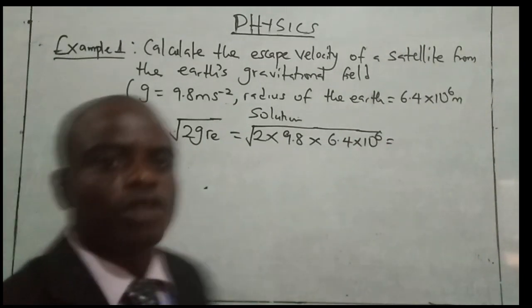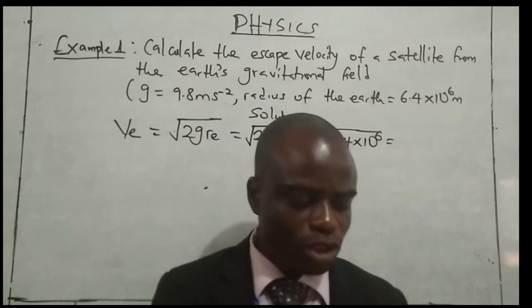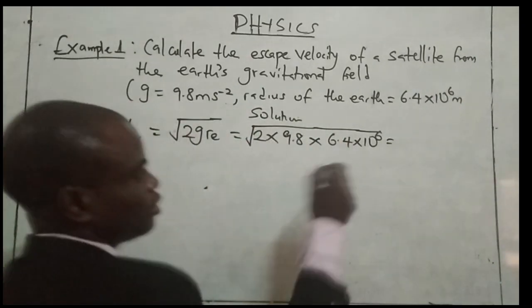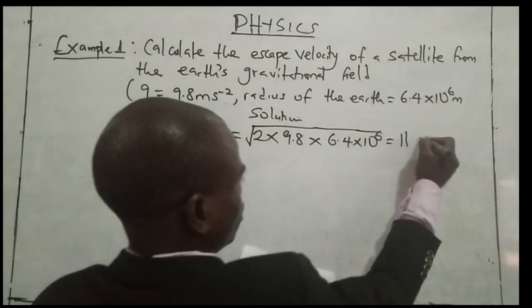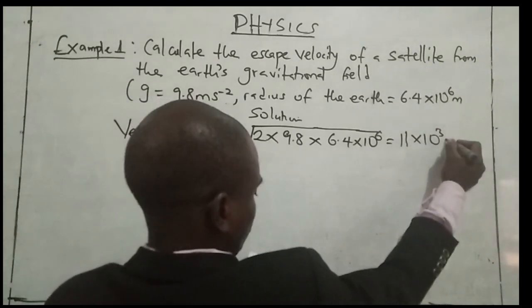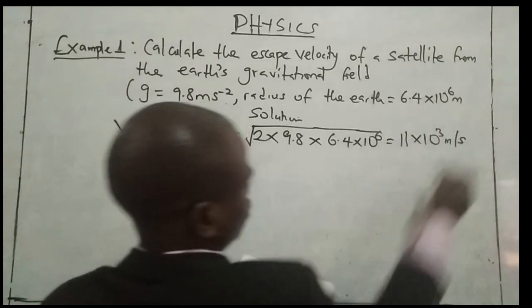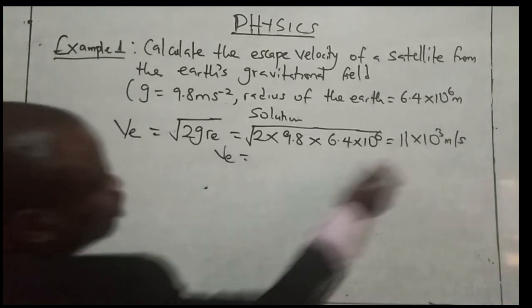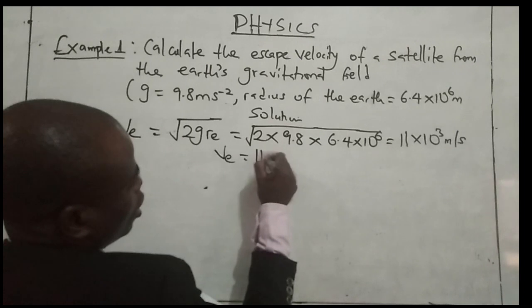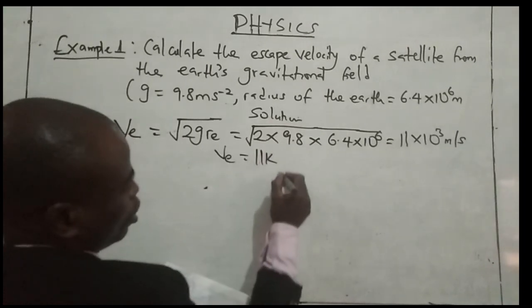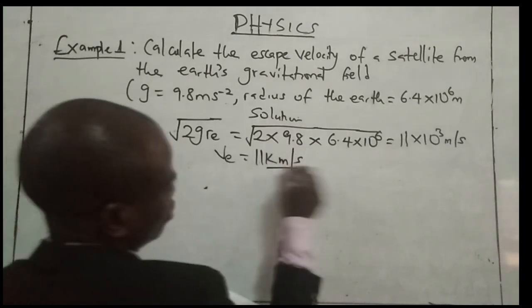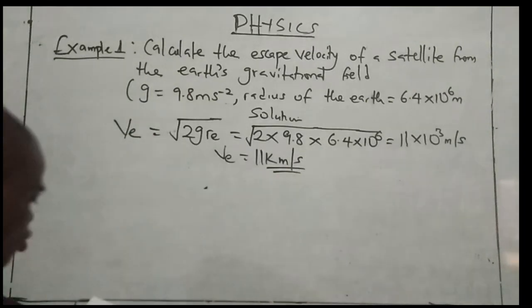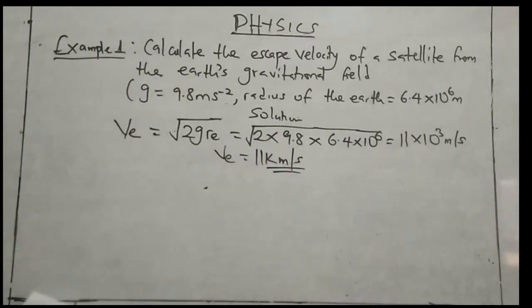When you do the multiplication with your calculator, what you get is 11 times 10 to the power 3 meters per second. Escape velocity, therefore, is 11 kilometers per second. That's the value for escape velocity.